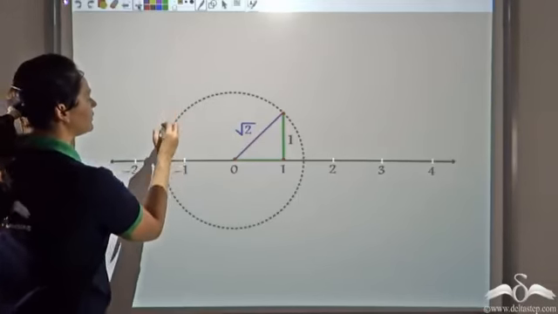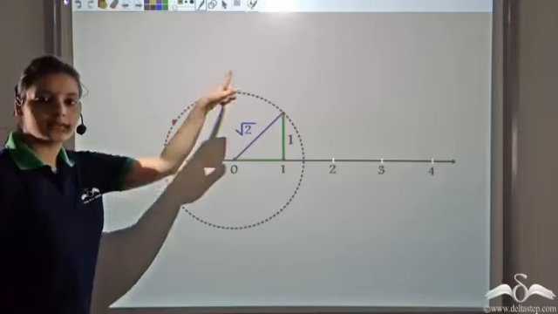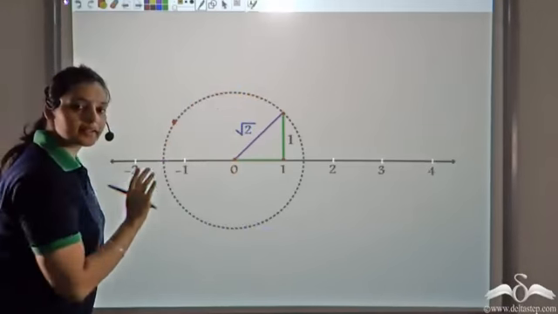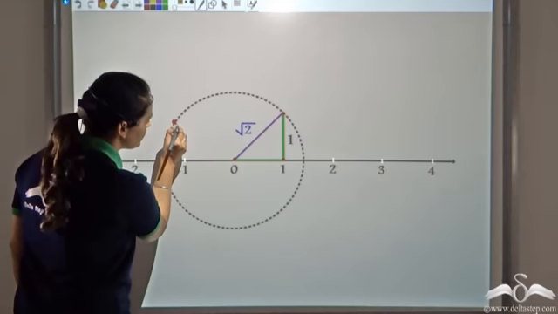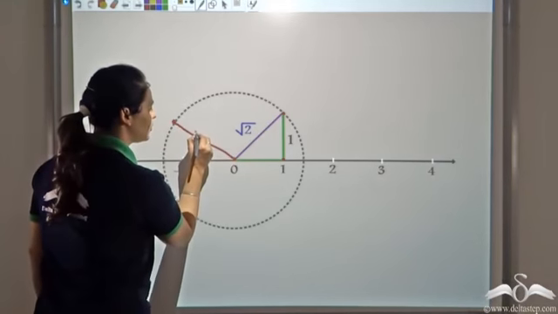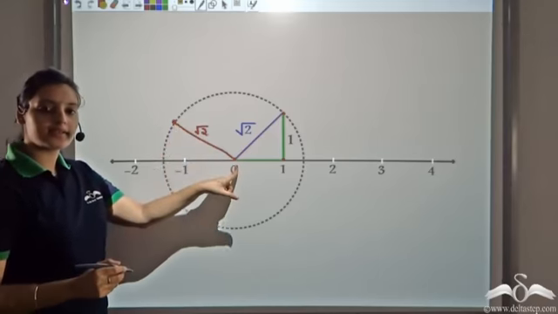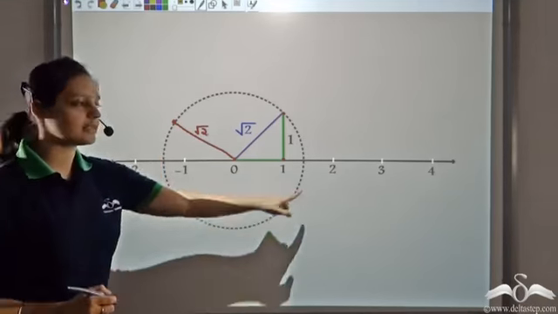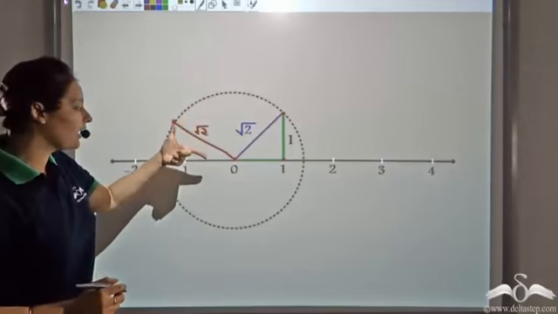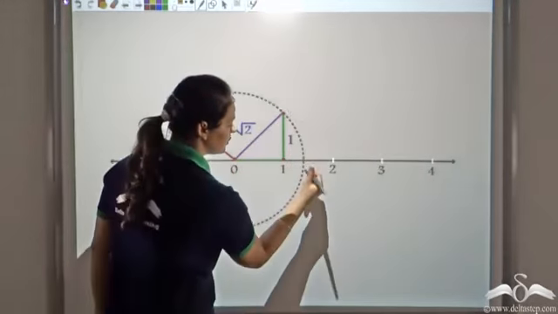If I take any other point on the circle, the radius has to be the same. So if I look at this point and see its distance from 0, this should also be under root 2, because this is nothing but the radius of the circle. This is the center, and this is a point on the circle. So any point on this circle would give me under root 2 length from 0. That is the radius.